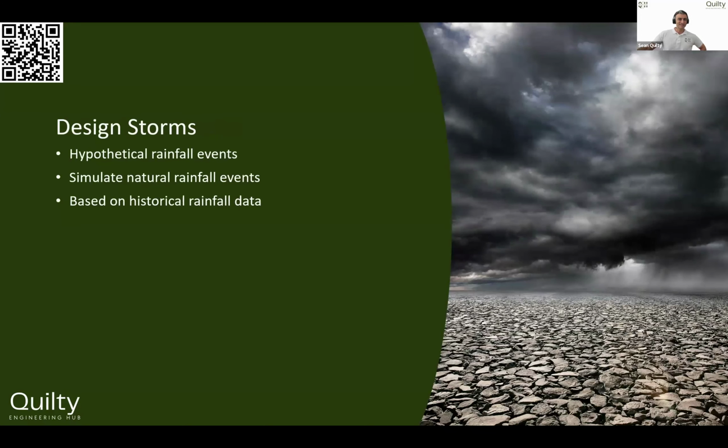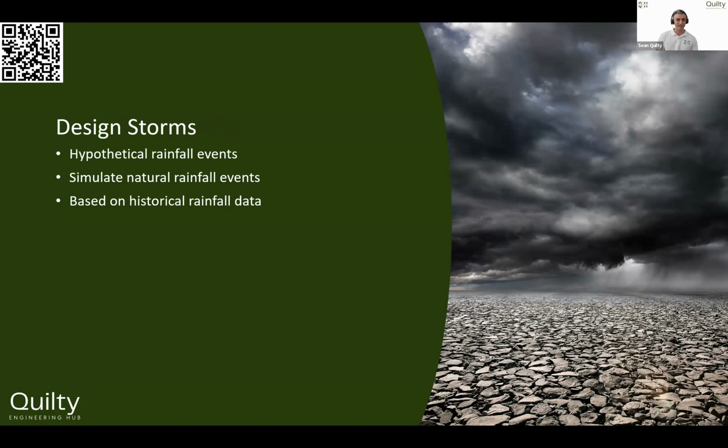So a design storm is essentially just a hypothetical rainfall event. We're trying to simulate the natural rainfall events themselves. The way we do this is we base all of our analysis on historical rainfall data. We collect data from a bunch of rainfall gauges.